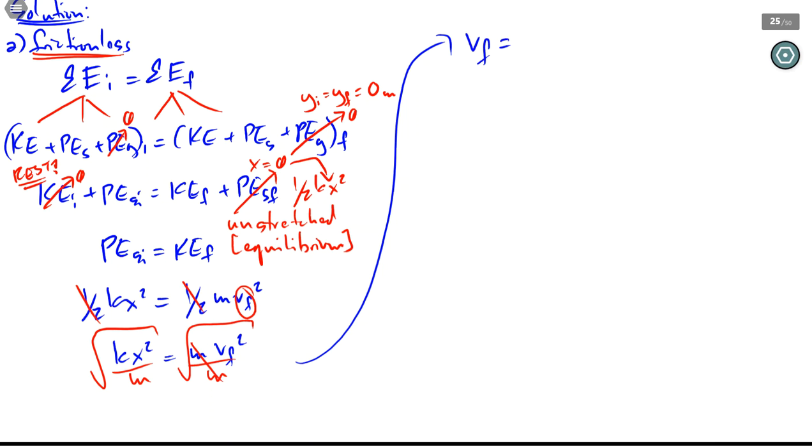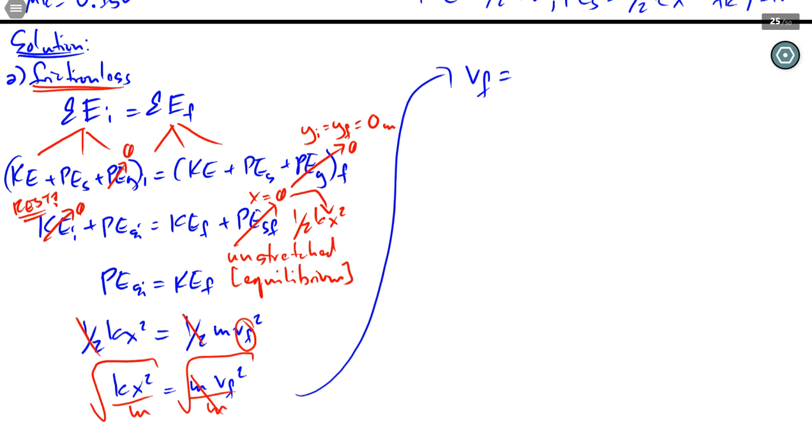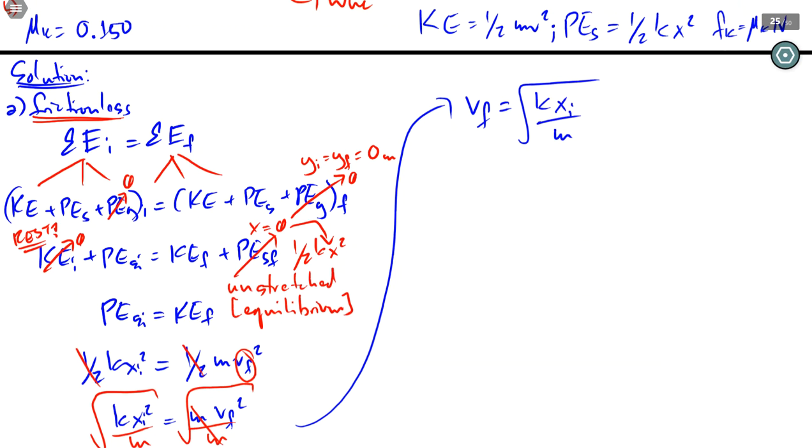That results in the square root of k xi squared over m. I forgot, that's xi. I would say that you need at least to know what position that was, the beginning or the end. Then plug and chug. 0.5, the mass.